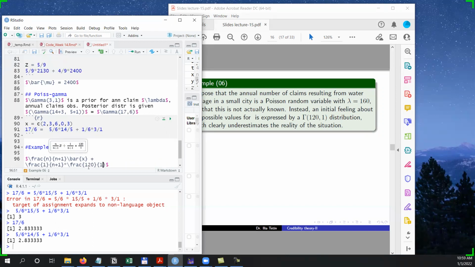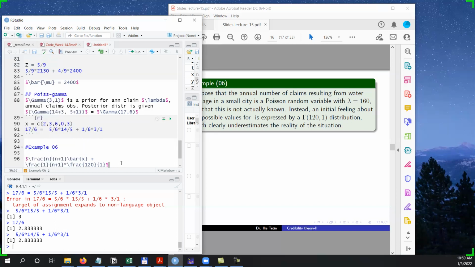So this is the formula that we are using, and what is the credibility factor in this case? In this case, the credibility factor is just the first value, right? n over n plus 1.